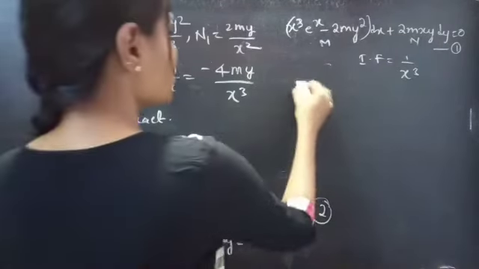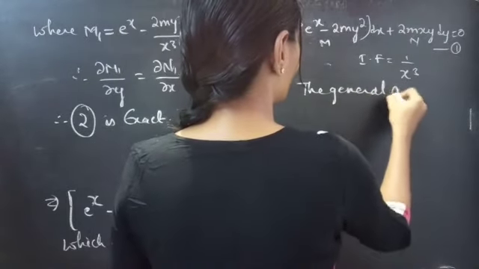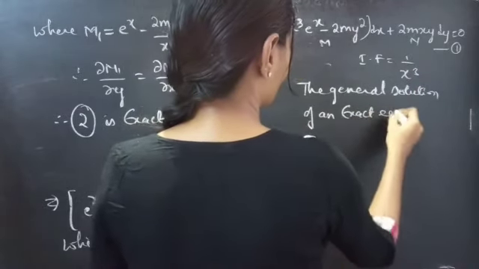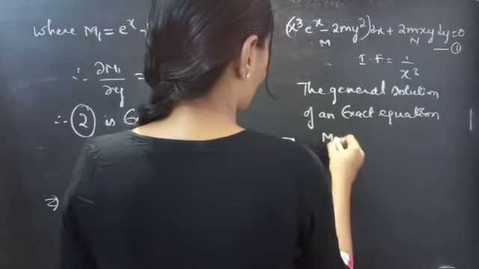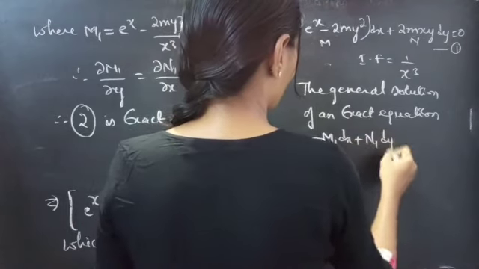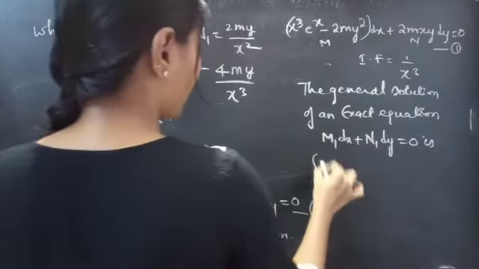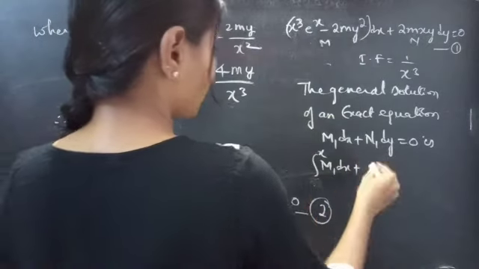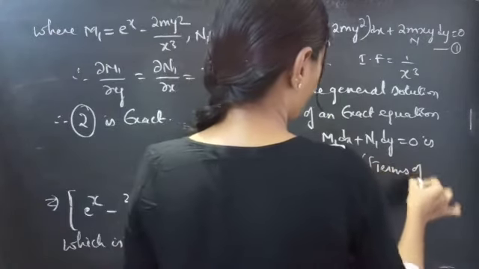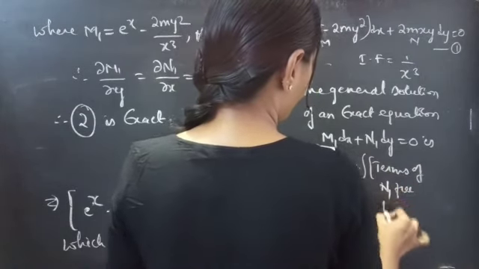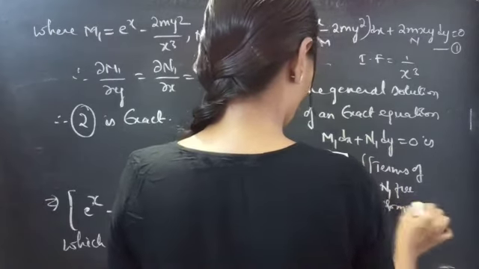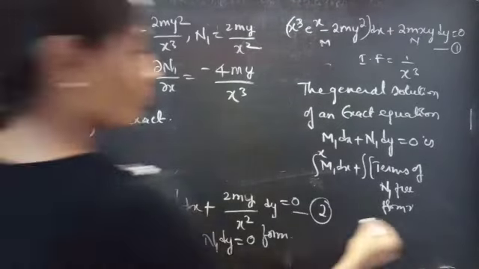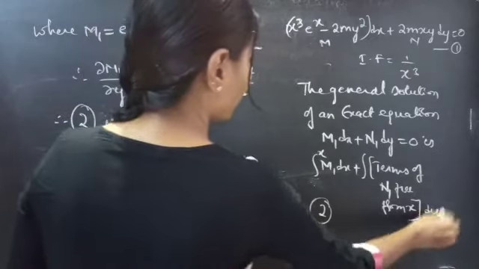We know that the general solution of an exact equation m1 dx plus n1 dy equals 0 is given by the integral over x of m1 dx plus the integral of terms of n1 free from x into dy equals c.